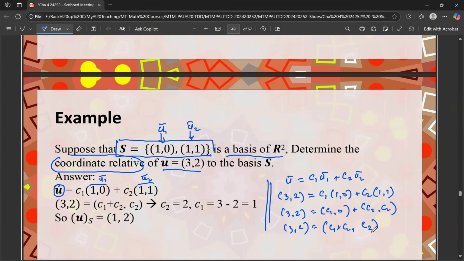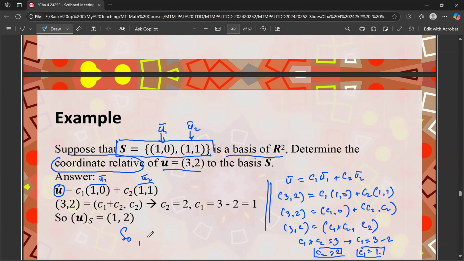So we have c1 plus c2 equal to 3, and c2 equal to 2. So we already have c2 is 2. Then c1 is equal to 3 minus 2, because we move c2 to the right. So c1 is 1.